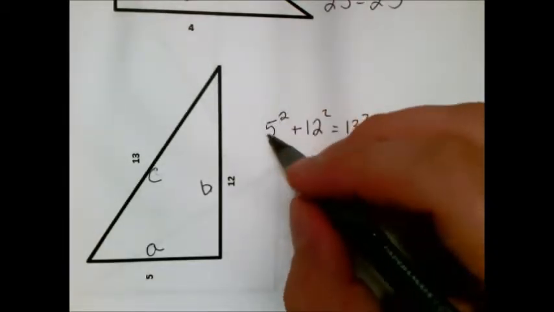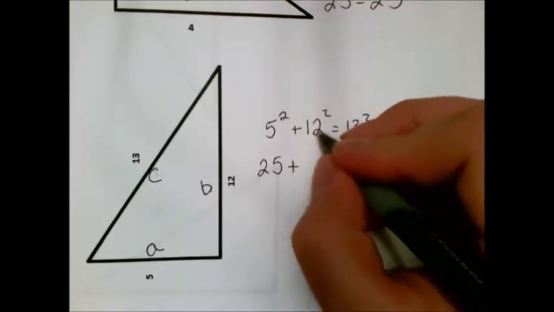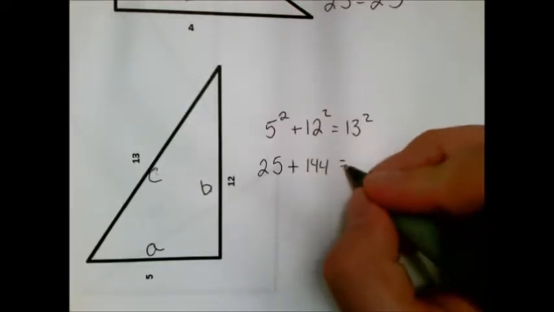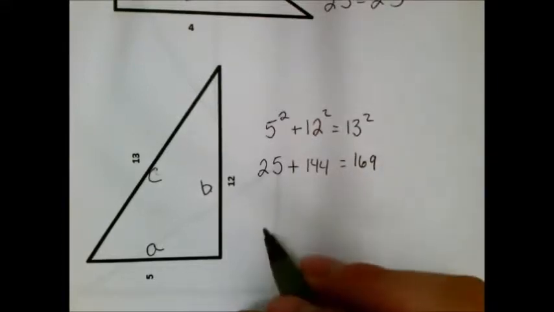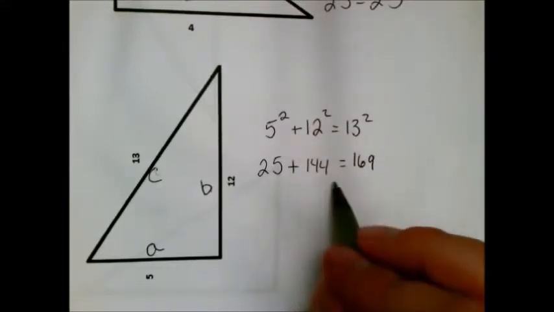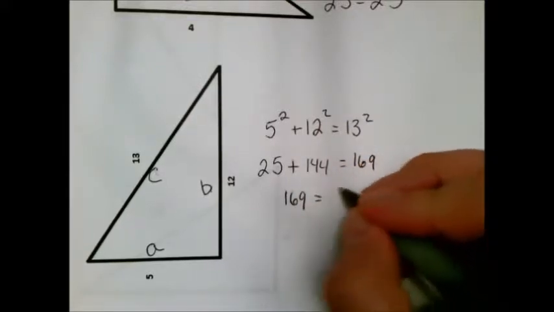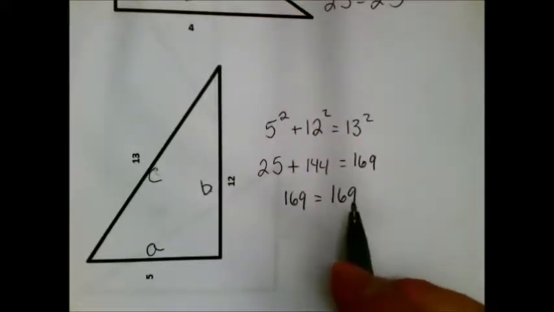So 5 times 5 is 25, plus 12 times 12, which is 144, equals 13 times 13, which is 169. So 25 plus 144 should give you 169. Alright, so we know this is a right triangle because both sides equal each other.